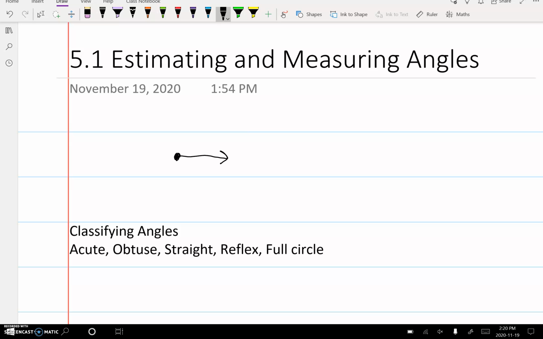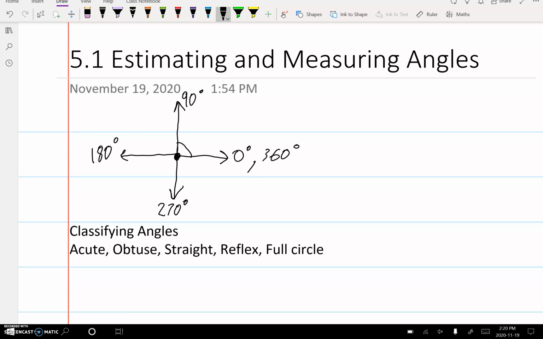To start a circle, we start at 0 degrees. Probably most people will remember that if you go up, it's 90 degrees. If you go sideways, it's 180 degrees. Then 180 plus 90 is 270 degrees going down, and plus 90 again is 360 degrees.